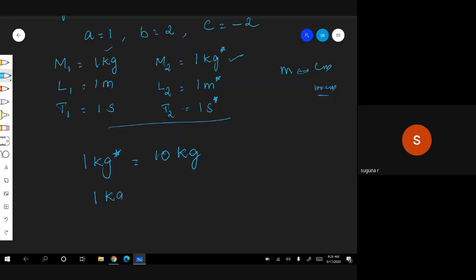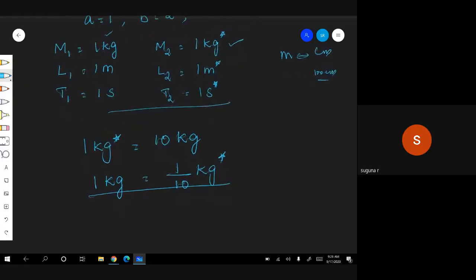I want to convert. 1 kilogram is equal to 1 by 10 kilogram star. Are you following? Is it clear? What am I doing here? I am converting. Now I have converted: 1 kilogram is equal to 1 by 10 kilogram star. Keep it, because we are going to use it afterwards.